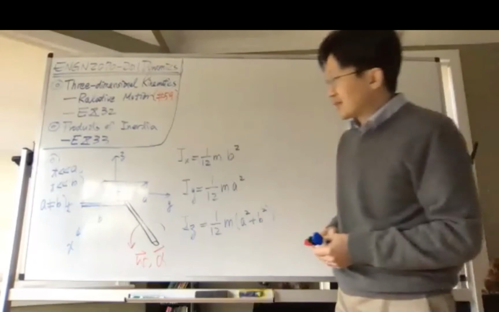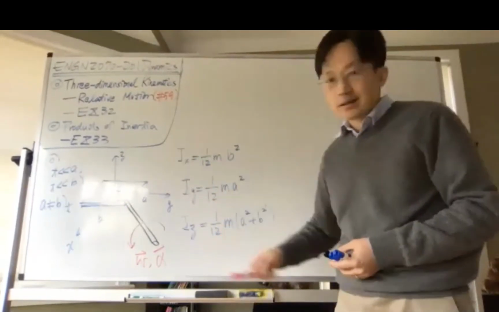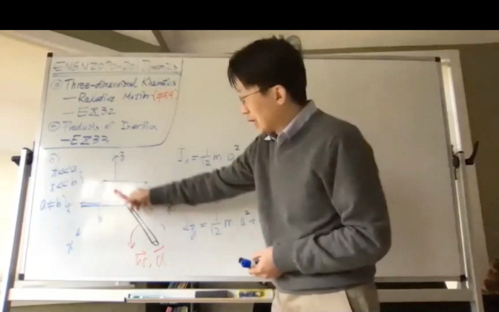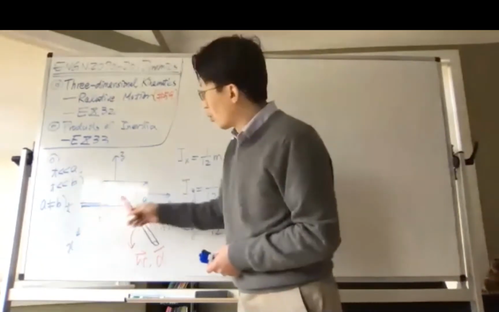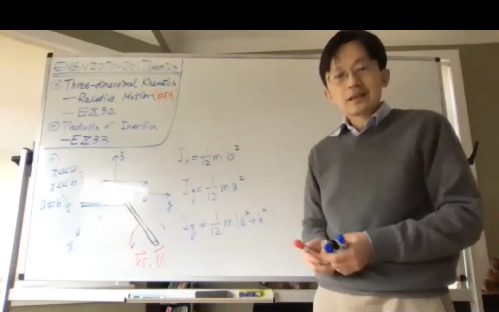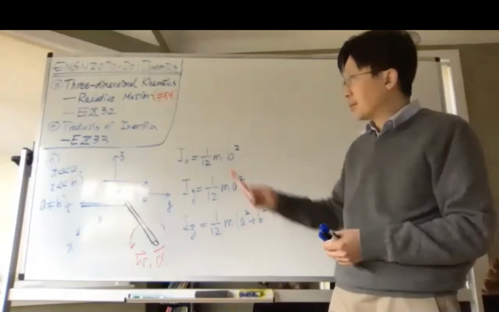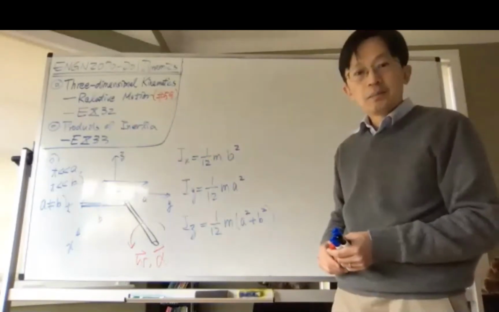When that happens, can you use Ix, Iy, or Iz? You can't, because the axis of rotation is neither X nor Y nor Z, right? So that is a scenario when you have to use products of inertia, not moments of inertia.